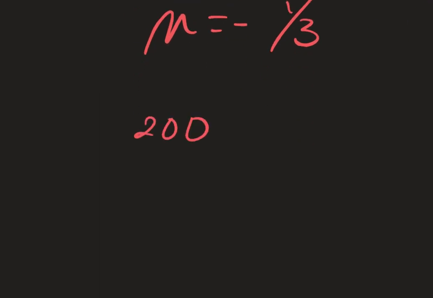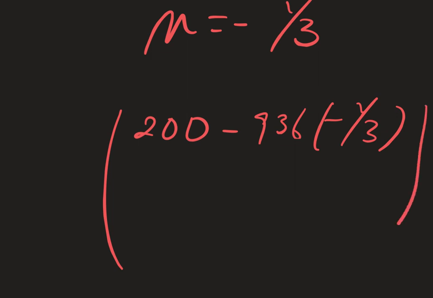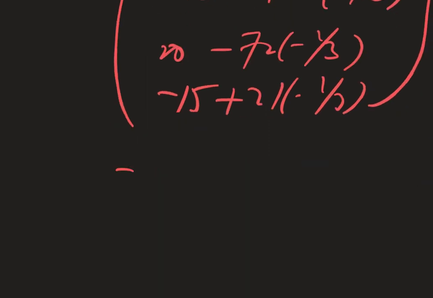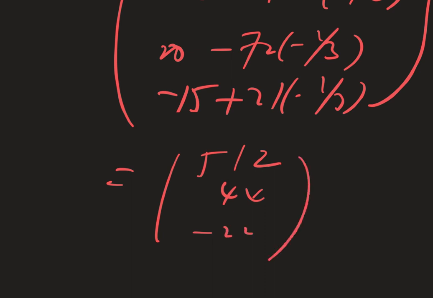So it's 200 minus 361 minus 1/3. You get a very big parenthesis, and ultimately you get 512, 42, minus 22. So these are the things that you will get for question C.